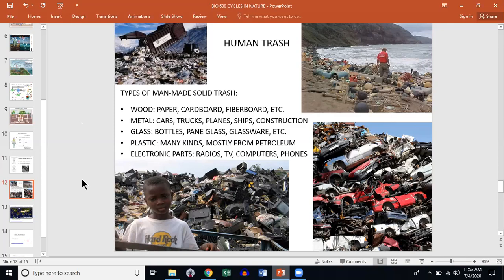Okay, let's say that, sticking with this for a while, of the three first categories, we have pretty much been able to recycle this, or at least we have ways of recycling wood products, metal products, and glass products pretty efficiently.